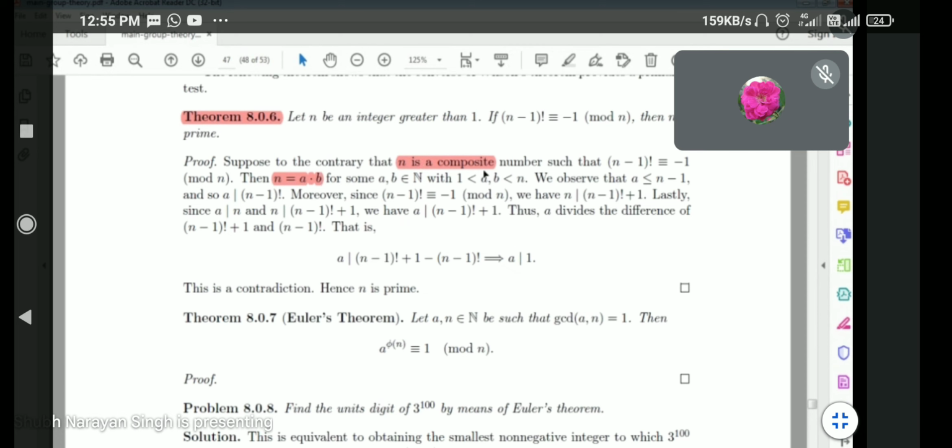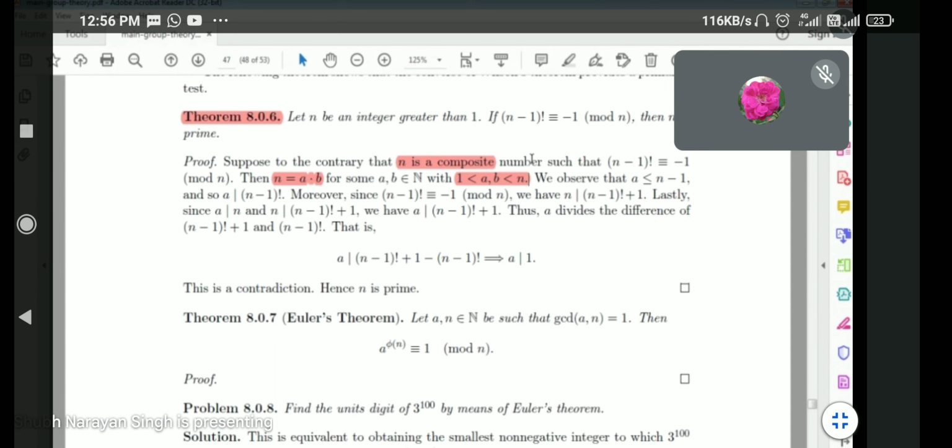Because I start with the contradiction, you can write n as a times b, where a and b range from 1 to n.